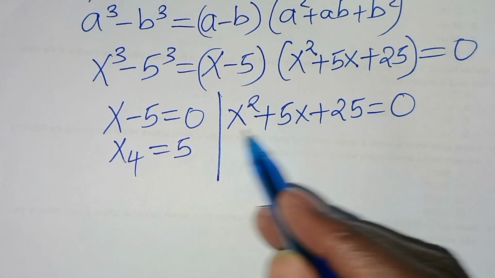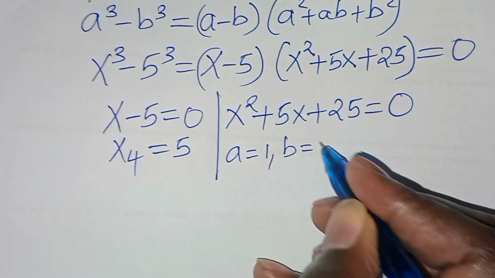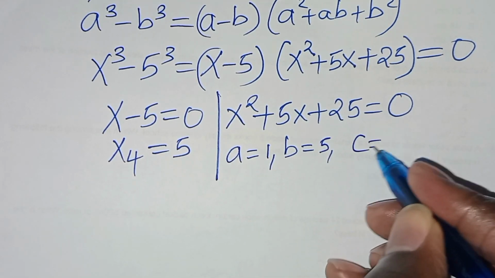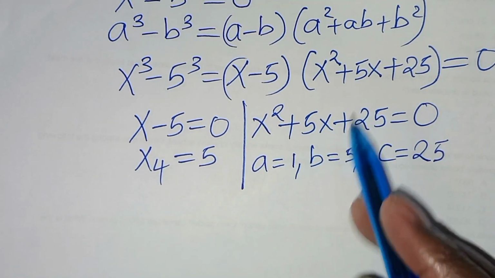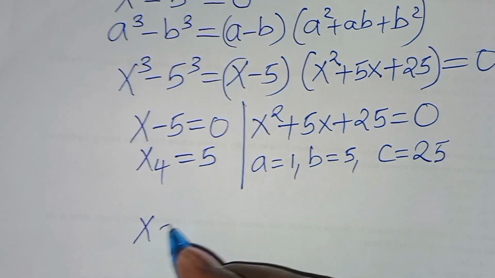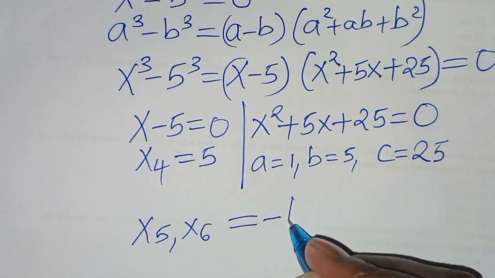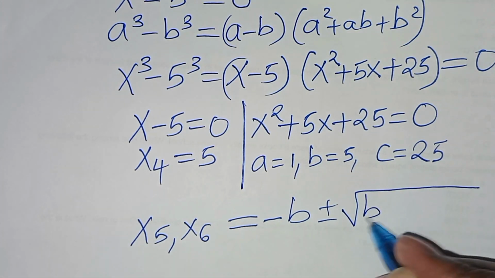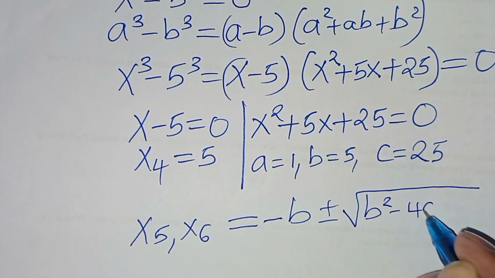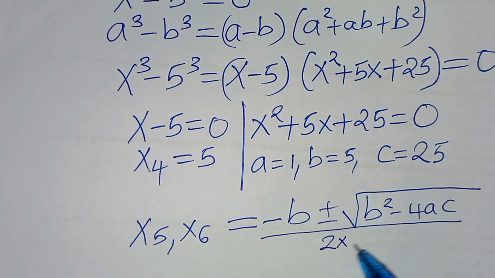And now we have the quadratic equation where a equals 1, b equals 5, and c equals 25. To solve this quadratic equation, that is x5 and x6, we apply the quadratic formula: negative b plus or minus the square root of b squared minus 4ac, all divided by 2a.